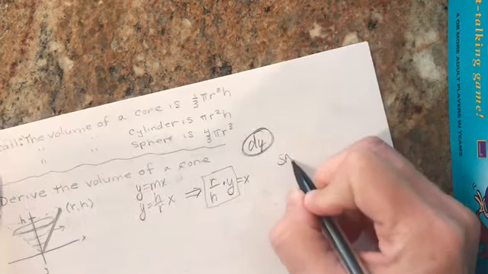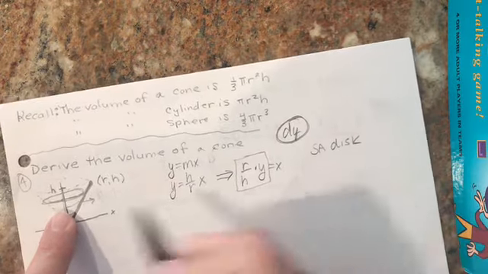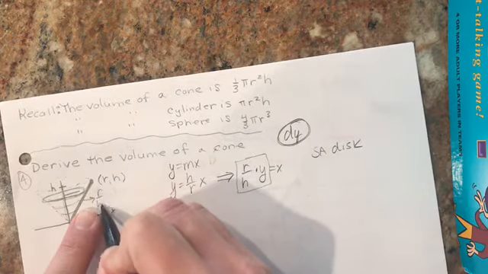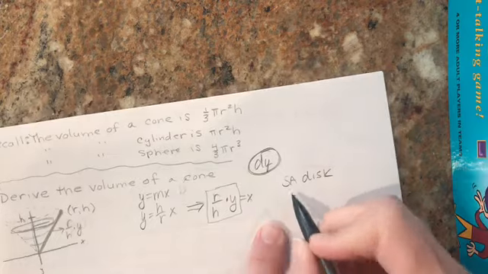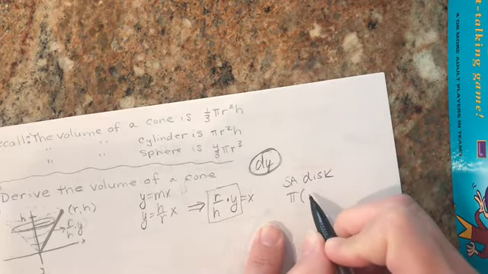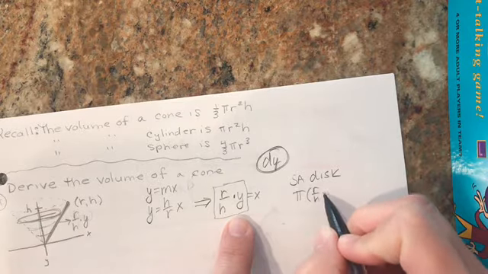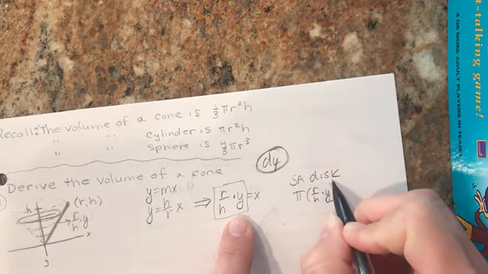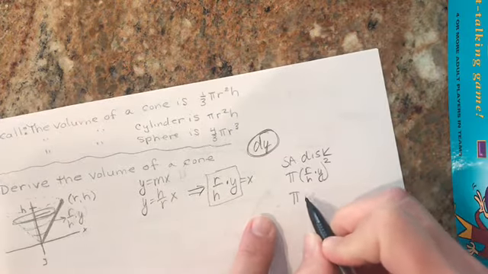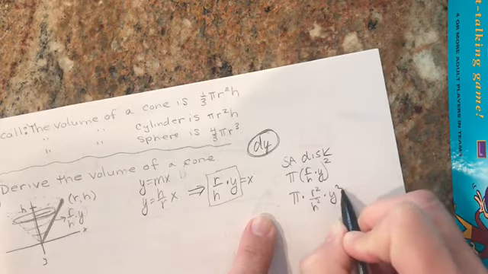The surface area of the disc, so this circle right here, the radius is r over h times y. Remember, the surface area is pi times the radius squared, which is r over h times y squared. So we can write that as pi times r squared over h squared times y squared.